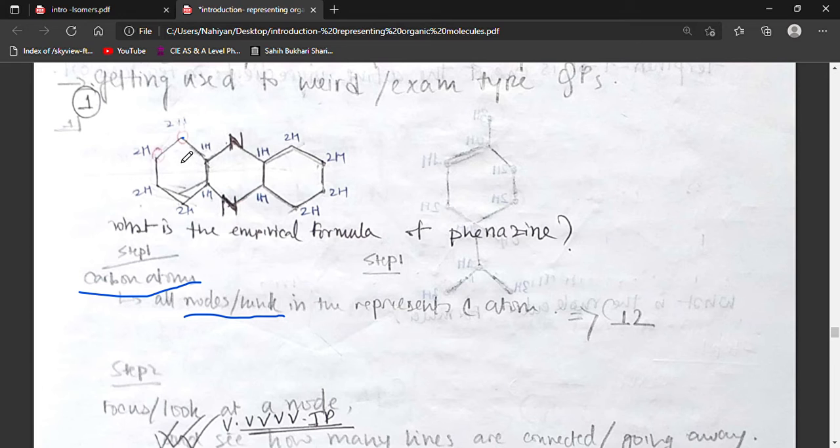So 1, 2, 3, 4, 5, 6, and it's completely replaced by nitrogen. So these are extended lines. These are nothing other than extended lines. These are not corners or nodes. So we counted 1, 2, 3, 4, 5, 6.